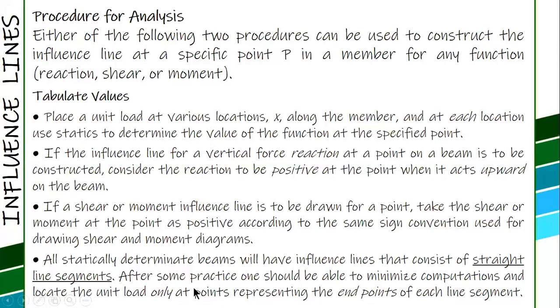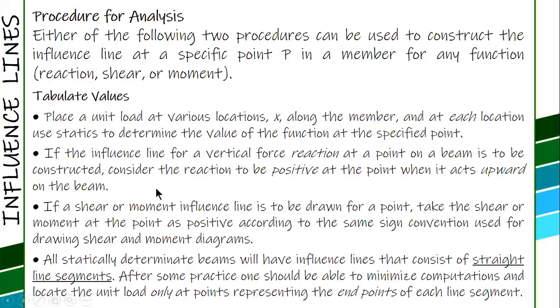So, after some practice, when you become familiar, one should be able to minimize computations and locate the unit load only at points representing the endpoints of each line segment. In this procedure, you tabulate values, so you will have so many values of x.